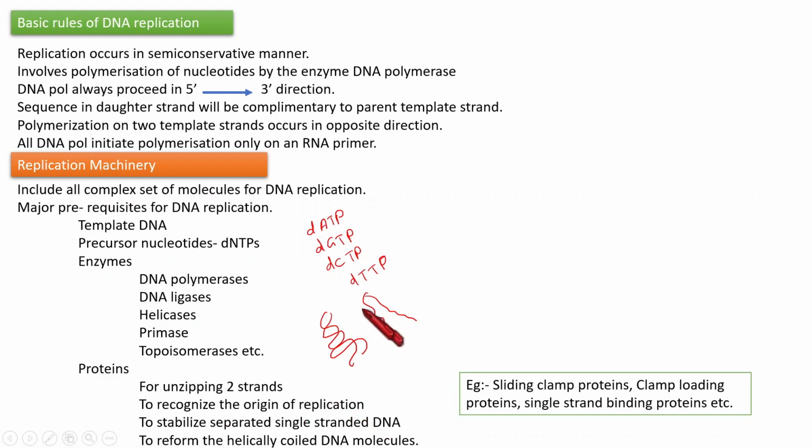To stabilize the single-stranded DNA requires some proteins. Then after replicating a certain portion, it again needs to recoil, so to reform the helically coiled DNA molecules also requires some proteins. Examples for such proteins include sliding clamp proteins, clamp loading proteins, single strand binding proteins, etc.